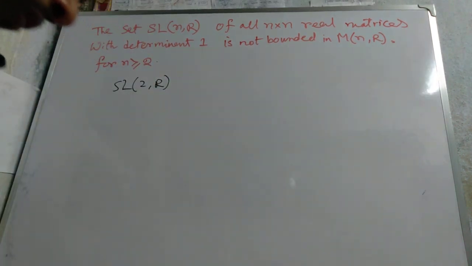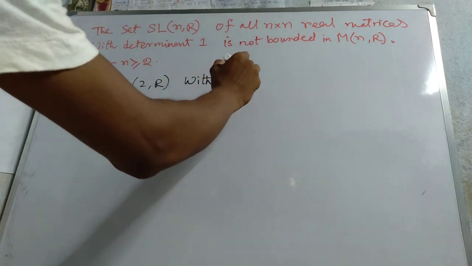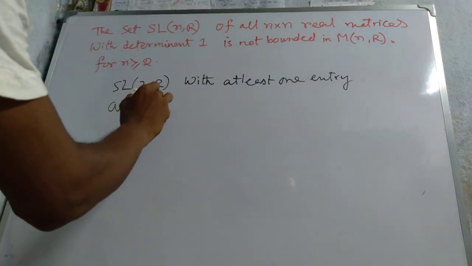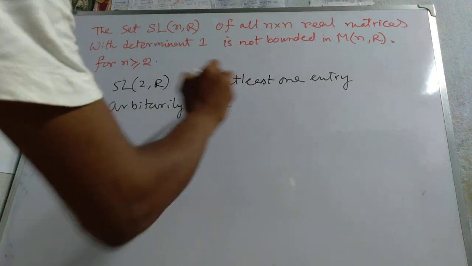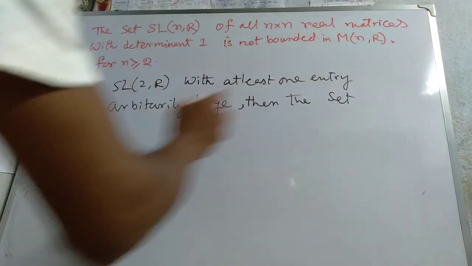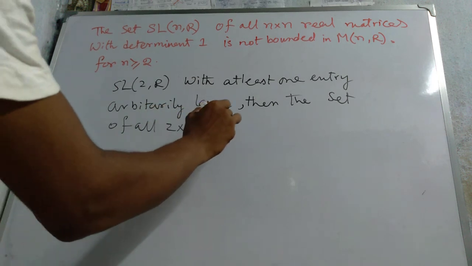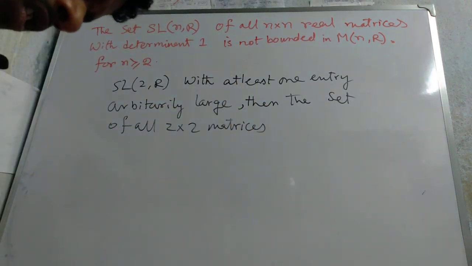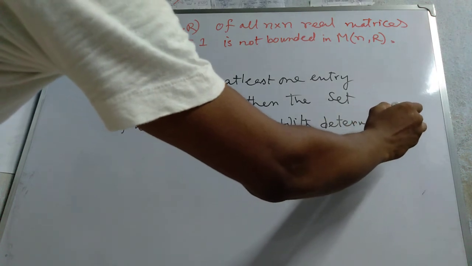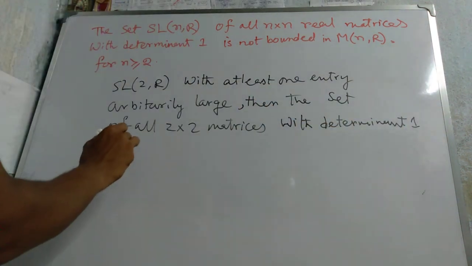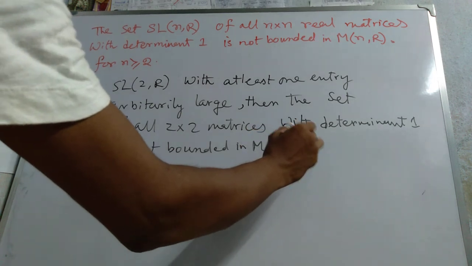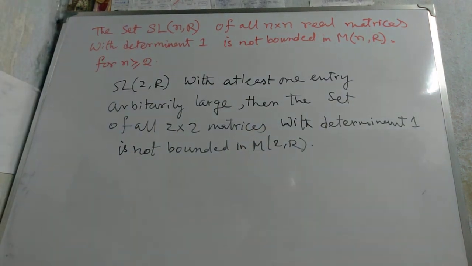Okay, with at least one entry arbitrarily large, the set of all 2 cross 2 matrices with determinant 1 is not bounded in M2(R). Okay, so today we stop here.